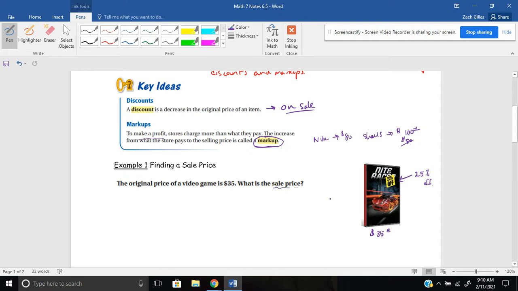Okay, well, there's a couple different ways to do this. But first, what I want to do is I want to find the discount, and write that in. So first, find the discount. How much the price has decreased off of $35.